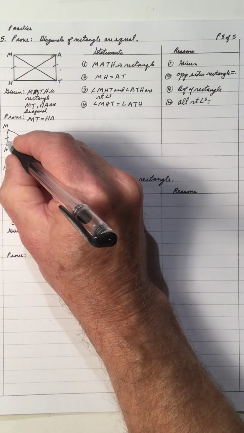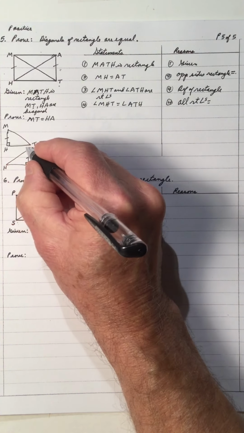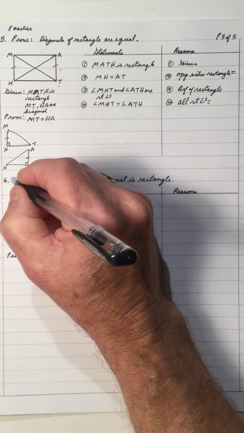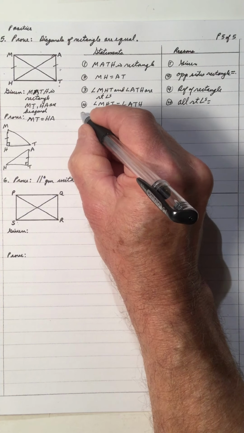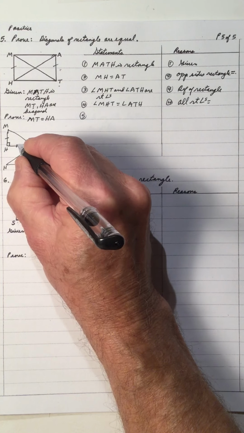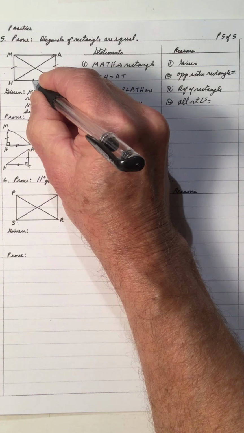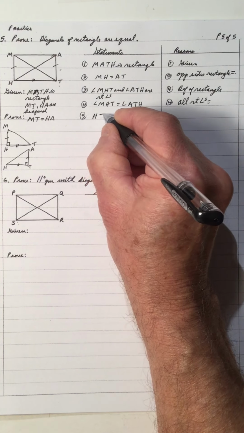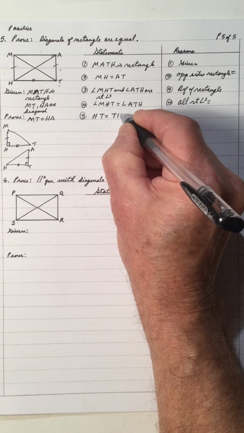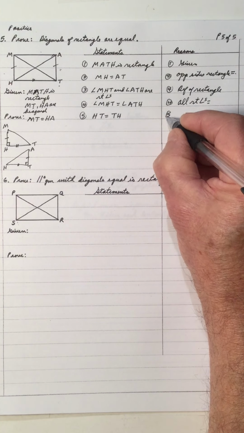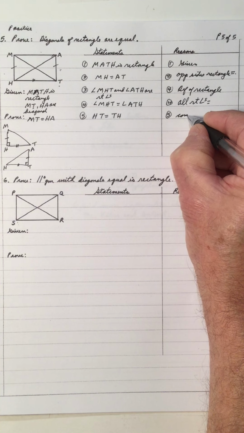So we have MHT equals ATH, and we have this side right here. So that means HT is equal to TH because of a common side.